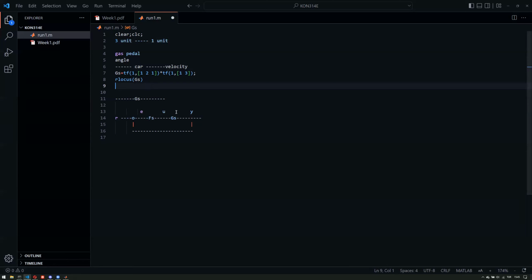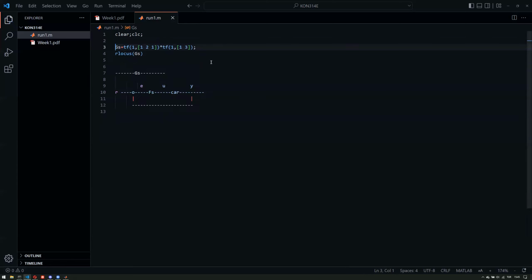But let's say we have this car and we want to provide it a reference for its velocity, and our car should be at that velocity. It's not possible to directly do it here, but we have something called an open loop structure or open loop strategy, where we try to replicate that.